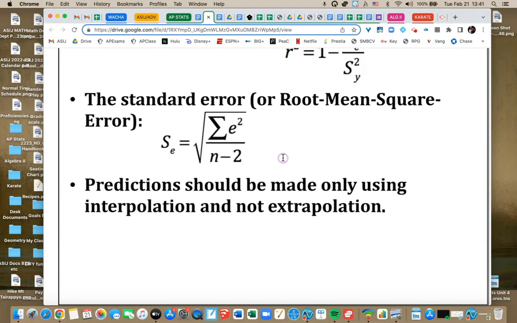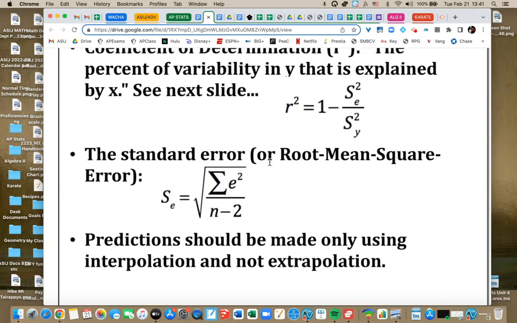If you think about a regression line, it has a slope and it also has a y-intercept. So both of those numbers can change, which introduces more variation. So we divide by n minus 2 instead of n minus 1 to make up for that because it's bivariate.